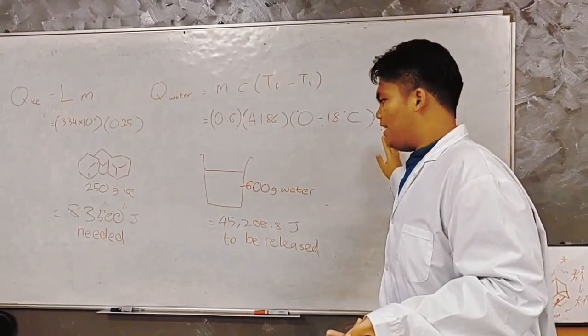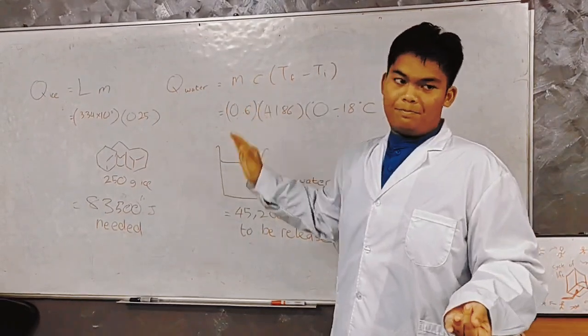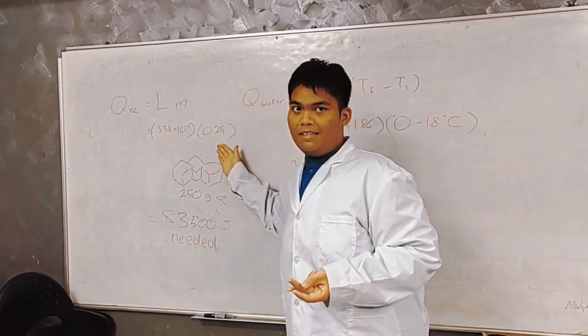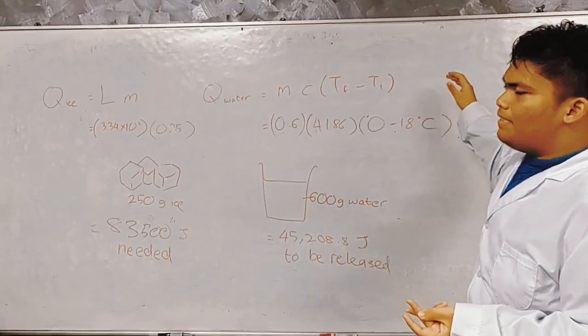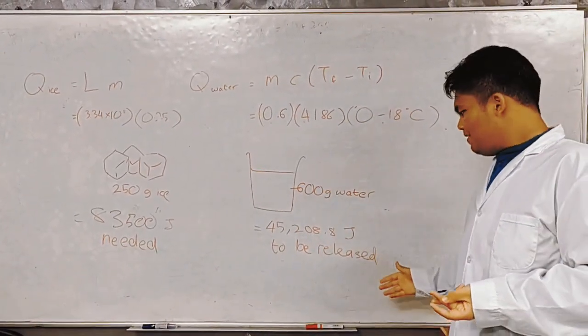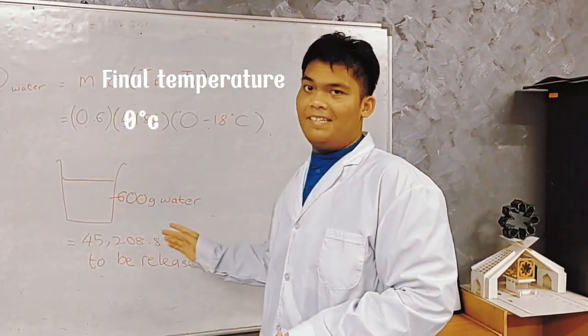So the water doesn't supply enough of it, and there is still ice that has not melted. The ice hasn't melted completely, but the water has already reached 0 degrees Celsius. So that is the final temperature of the system, 0 degrees Celsius.